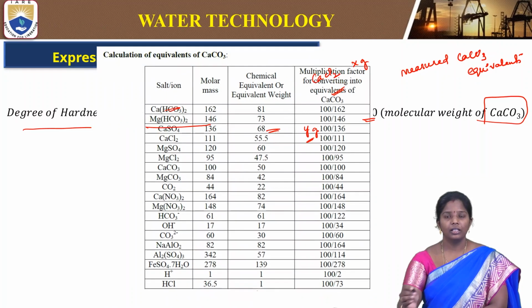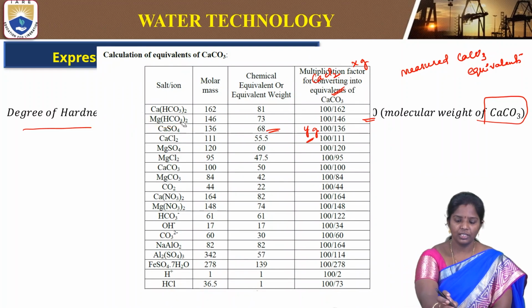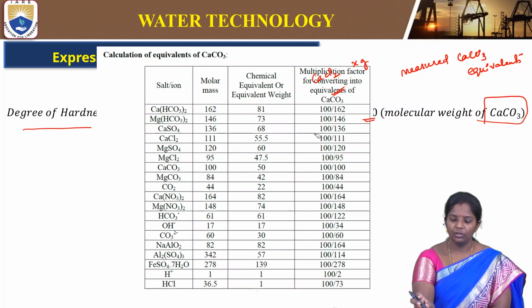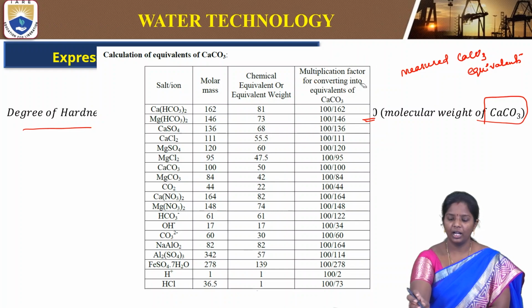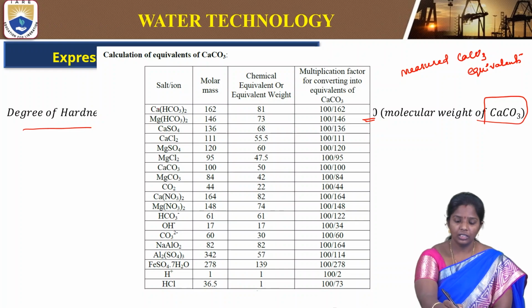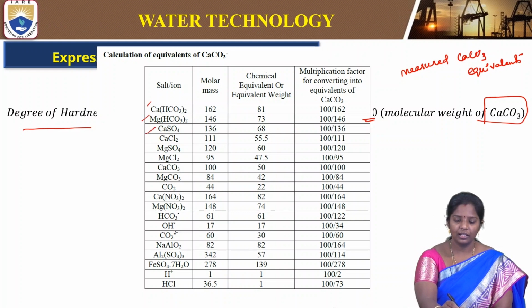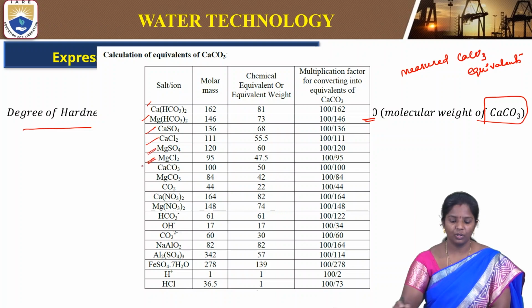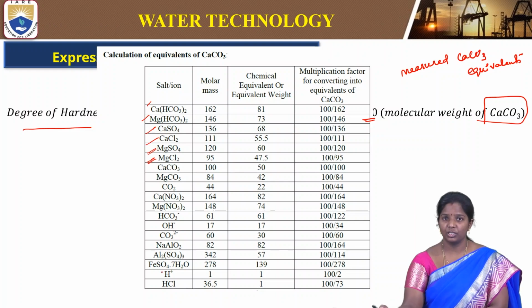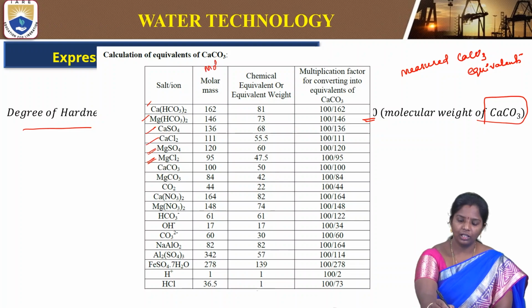These are the different salts present in water when we use hard water: calcium bicarbonate, magnesium bicarbonate, calcium sulfate, calcium chloride, magnesium sulfate, magnesium chloride, and so on. A lot of salts or ions are responsible for hardness. These are the molecular weights.